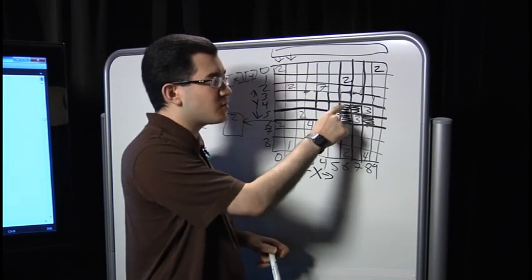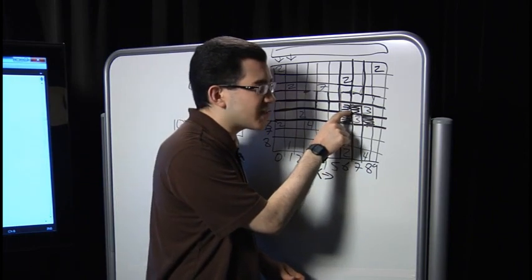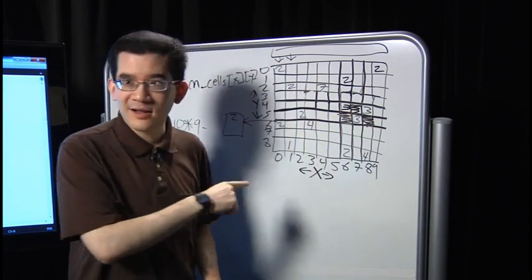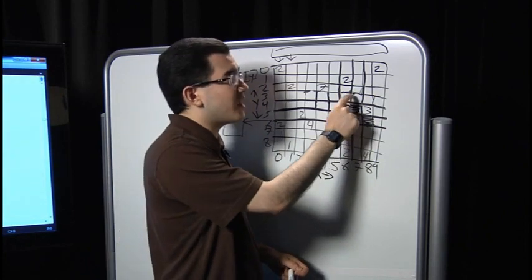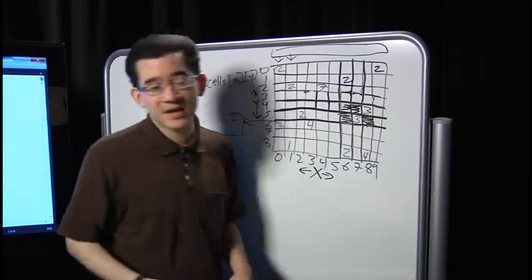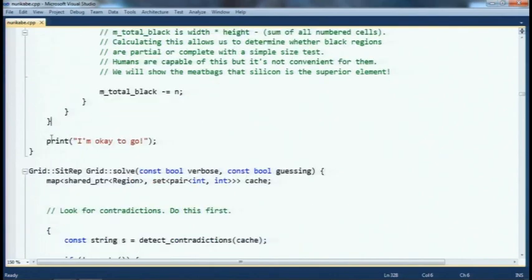Instead of trying to determine whether it would be cut off from other black regions, we can simply say, okay, you're a black region of size 1, and I know there's going to be a lot more than 1 black cells in the entire solution, so you do need to expand, and you do have a single liberty. Okay, you must expand. So this actually makes our solver easier to do at a very little cost of bookkeeping. And then it's going to print that it's okay to go and begin solving.